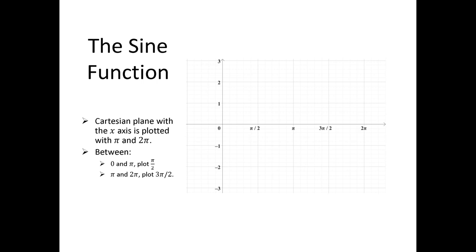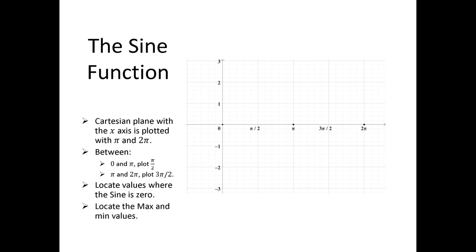And these are precisely the angles 0, pi, and 2 pi. For the last part, we have to locate the maximum and minimum points of our sine function. In this case, the maximum occurs at pi over 2 with maximum value of 1, and the minimum occurs at 3 pi over 2 with minimum value of -1.